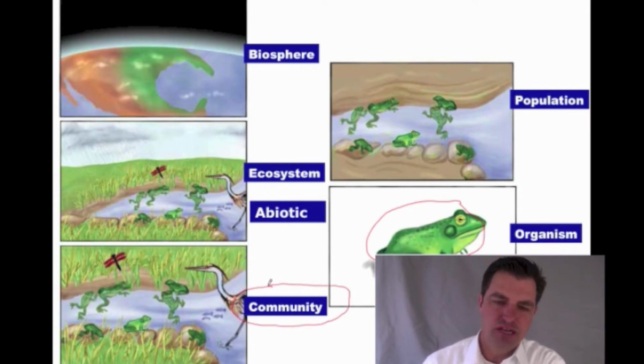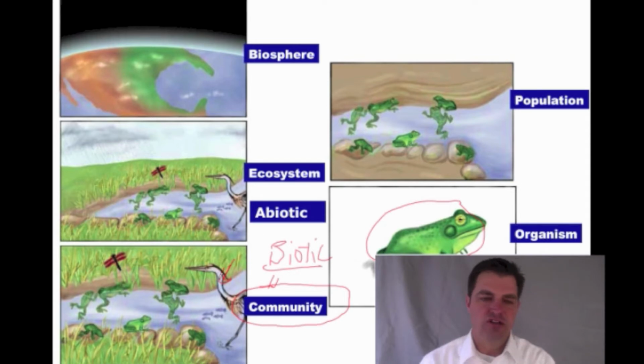So a community is all the biotic or living things together. So in this case, you have some kind of great blue heron and some frogs and a dragonfly and the grass. Whereas over here, you just had the frogs. So now you have these multiple populations. There's some fish in here as well. And so all these things interact.